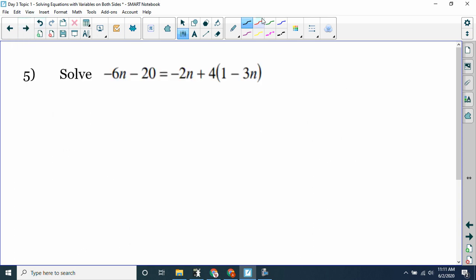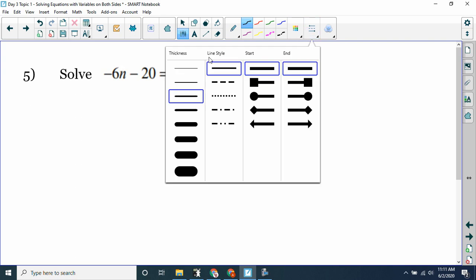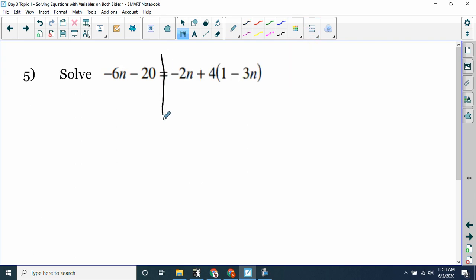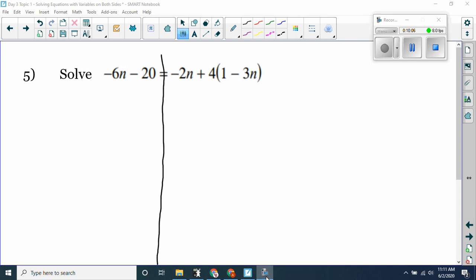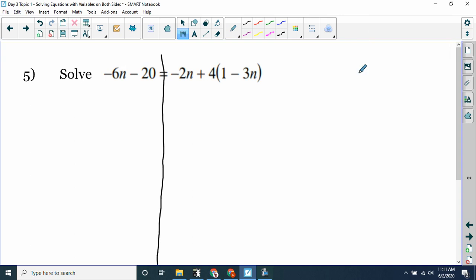Number 5 looks like this. Goodness, look at that guy. It says negative 6n minus 20 equals negative 2n plus 4 times the quantity 1 minus 3n.